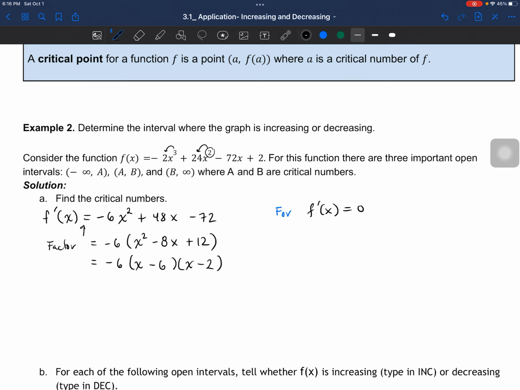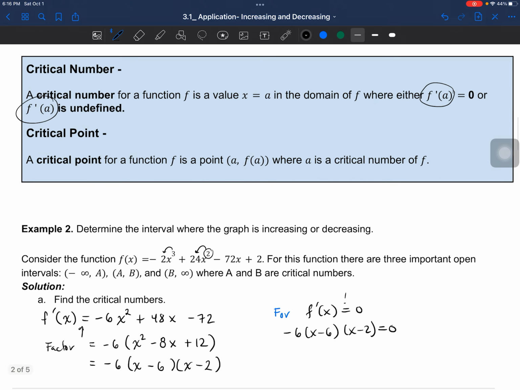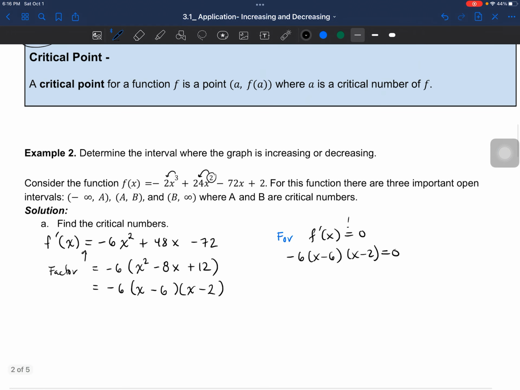We take the derivative and set it equal to 0: negative 6 times (x minus 6) times (x minus 2) equals 0. Why do we set it equal to 0? Because that's one way we can get critical numbers, whenever the derivative is 0. So we're using this constraint to find the critical numbers.